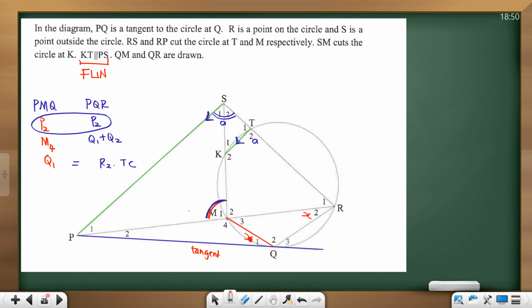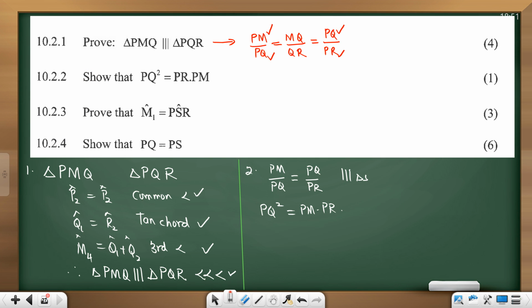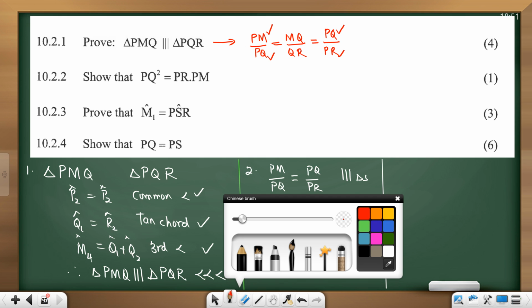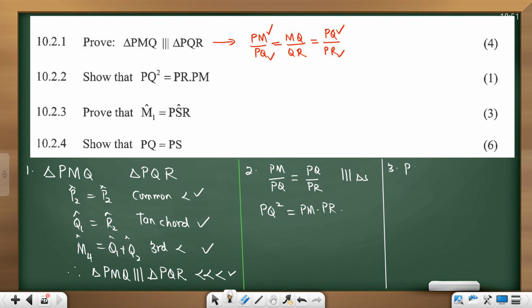So be careful. Okay, let's write this answer down. What are we going to write? PST is equal to T2. What's your reason? Corresponding angles.